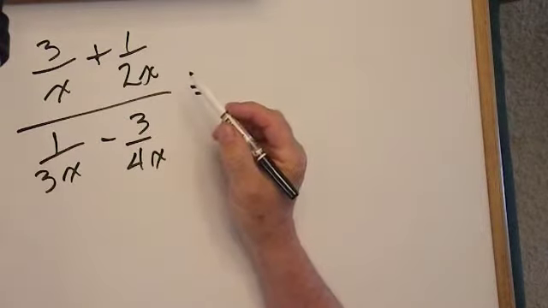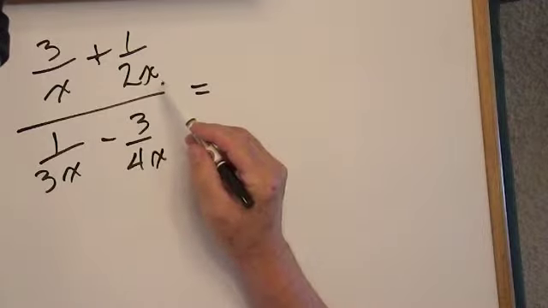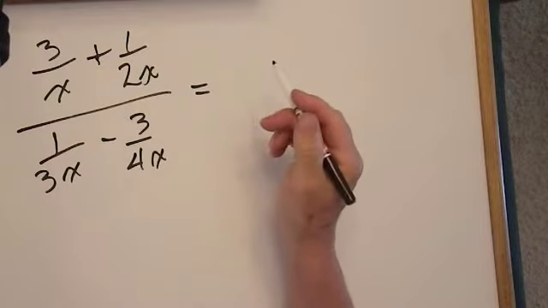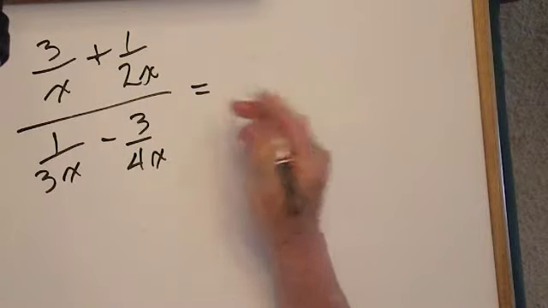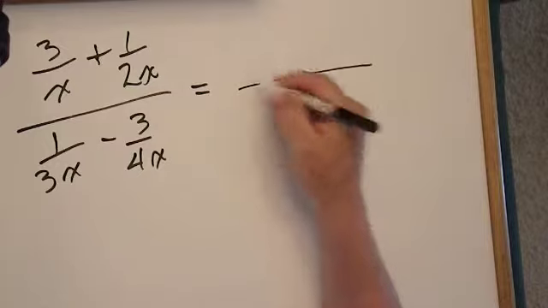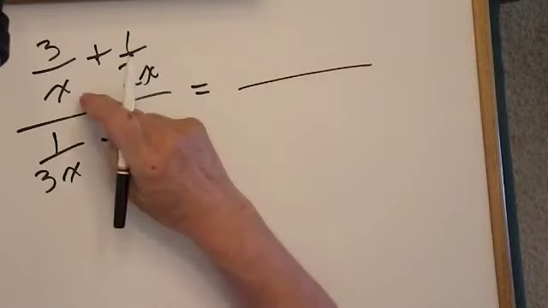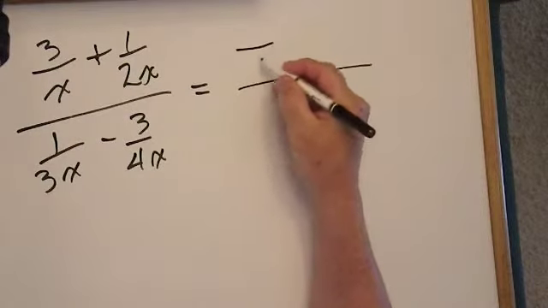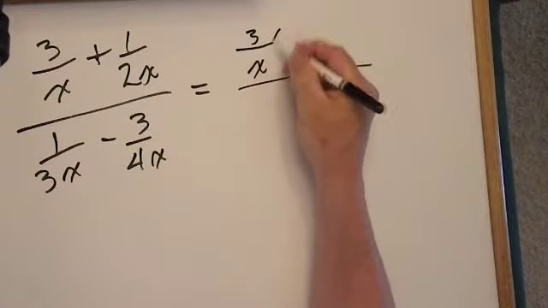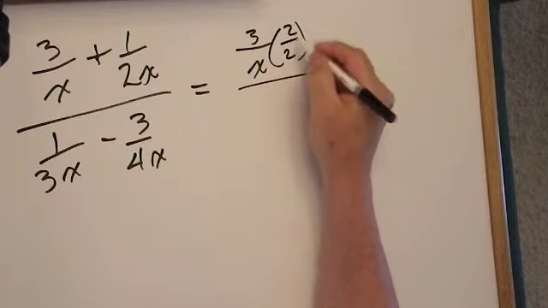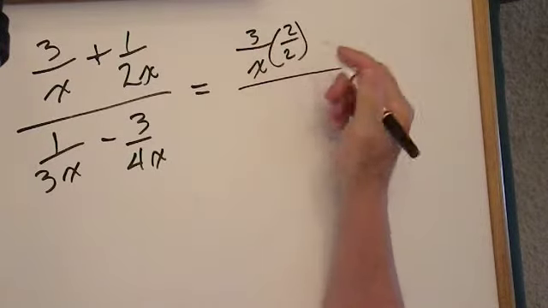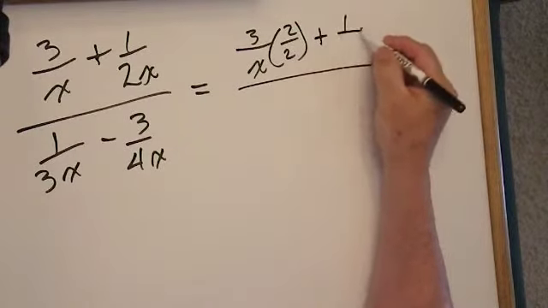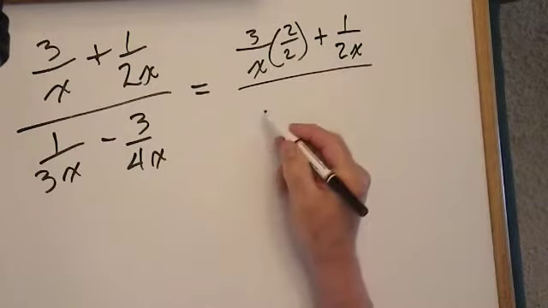The least common denominator of x and 2x would be 2x. That is, both x and 2x divide into 2x. So I'm going to bring them to a common denominator in the top here of 2x. Well, to get x to be 2x, I'm going to have to multiply it by 2. So that's going to be 3/x times 2/2. Again, that's a 1, so it's not changing anything, but when I multiply by this, I'll get 2x. And this one is already over 2x, so I'll just leave it the way it is.